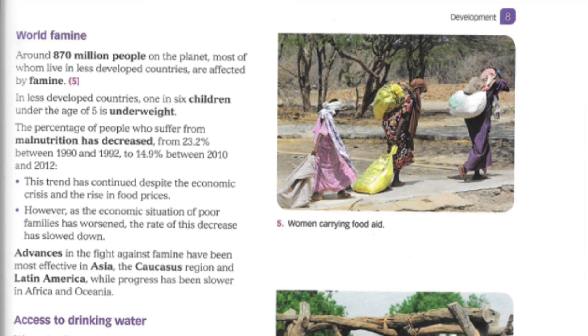However, as the economic situation of poor families has worsened, the rate of this decrease has slowed down. Advances in the fight against famine have been most effective in Asia, the Caucasus region, and Latin America, while progress has been slower in Africa and Oceania.